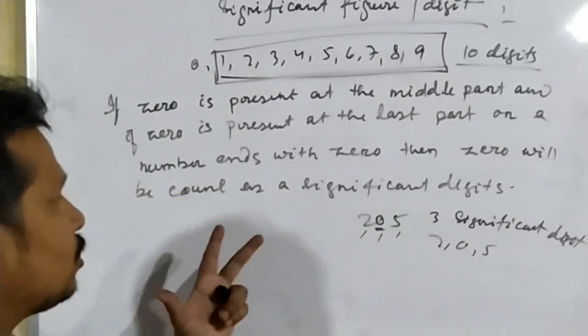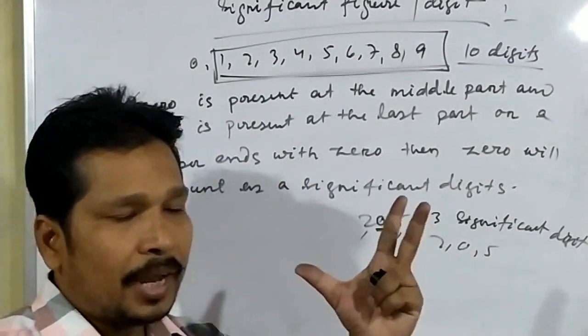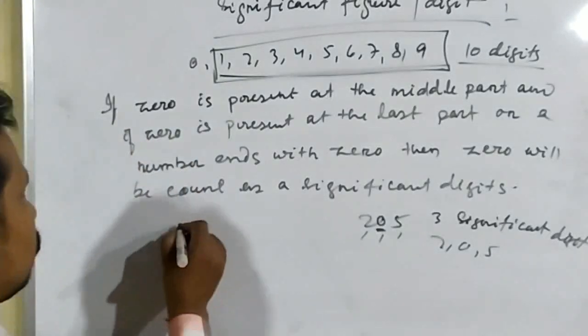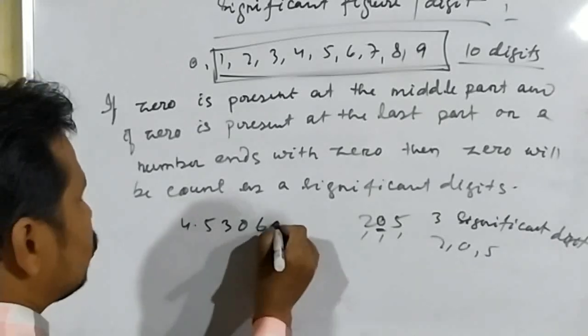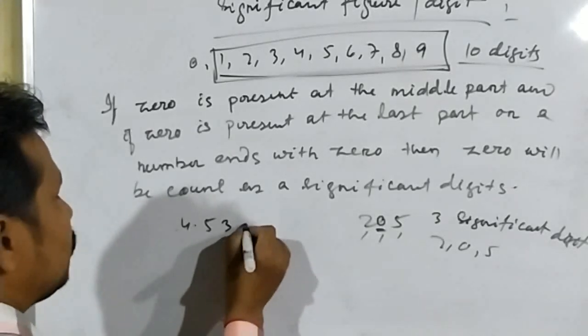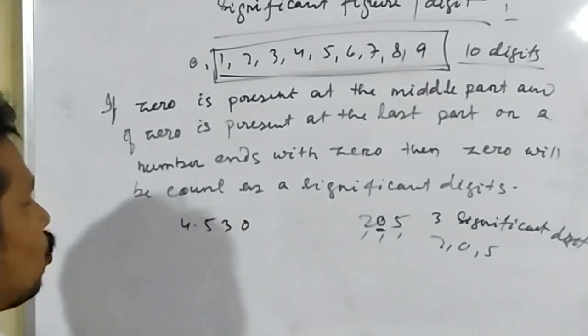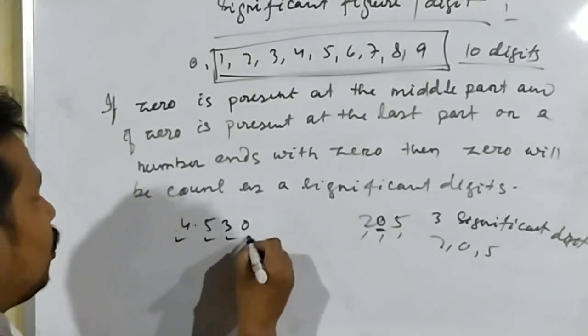Similarly, if 0 is at the end position of a number, that means a number ends with 0. Suppose 4.530. How many significant digits are present here? 1, 2, 3 and 4.